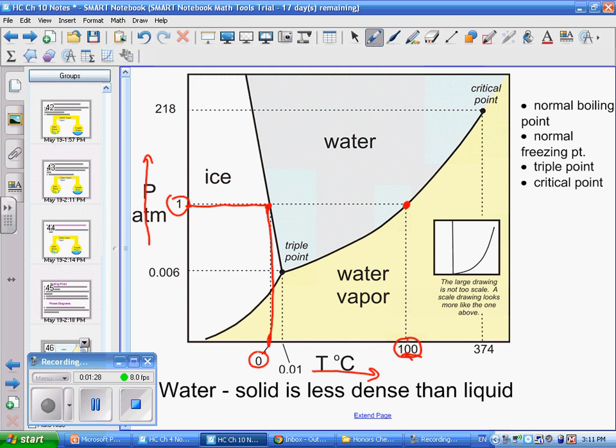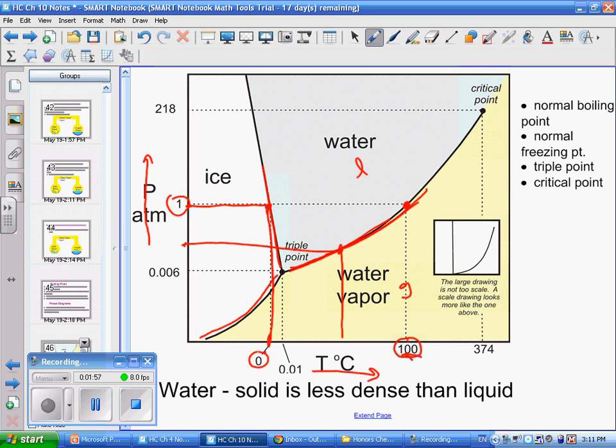Now we see these lines everywhere. There's a line here, and a line up here, and a line up here. Any point along these lines, in other words, whatever temperature I have here and whatever pressure I have here, gives me the equilibrium where, at least along this line, liquid water and water vapor, a gas, exist in equilibrium.